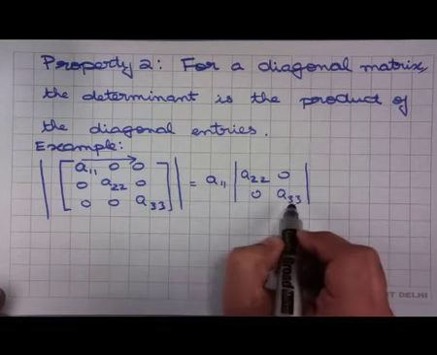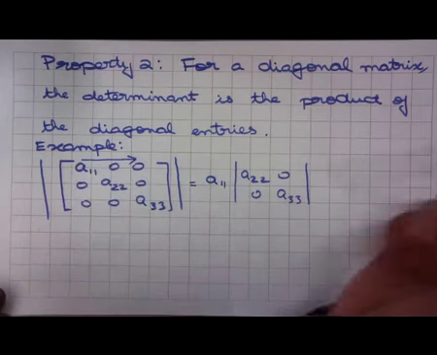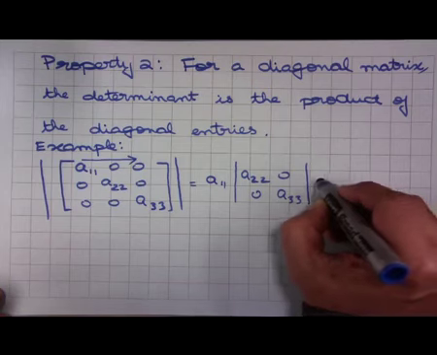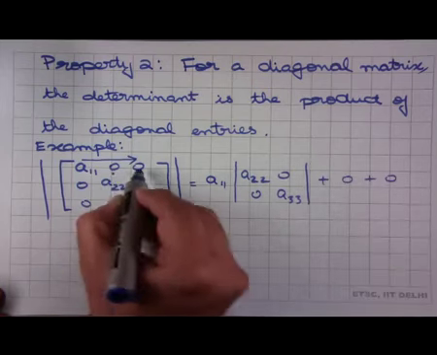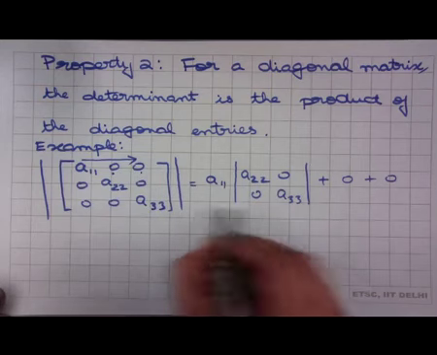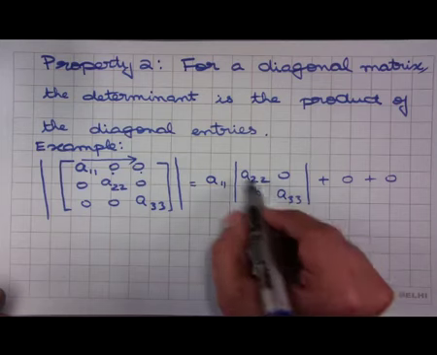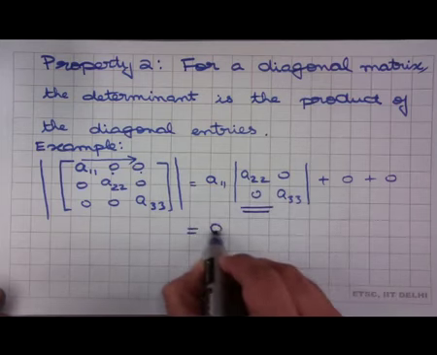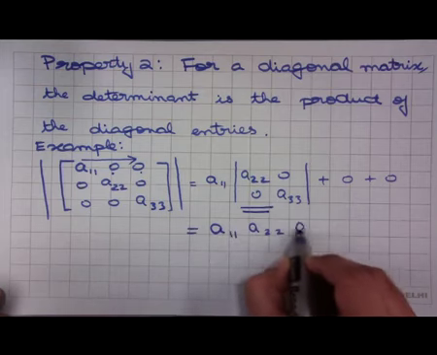This would be the cofactor, because the index of this 1 1 is such that minus 1 power 1 plus 1 is nothing but 1, and then the other terms we do not have to worry about because they are zeros. Now, what about this term? Again, either directly from the definition or by knowing the determinant of a 2 by 2 matrix, we can just write this down as A 1 1 times A 2 2 times A 3 3.